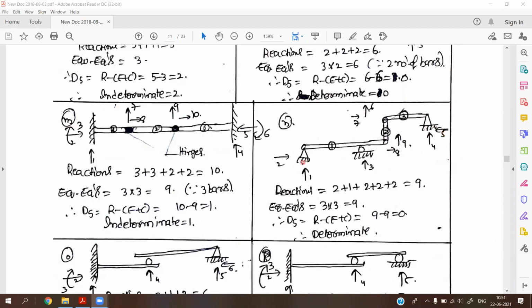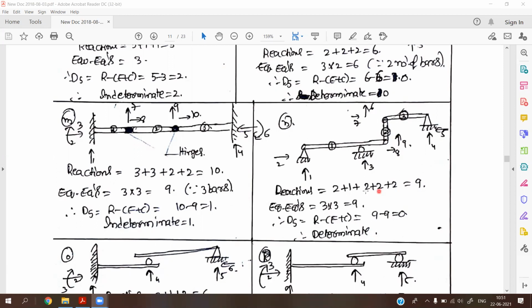So 2 plus 2 plus 1, in total we have five reactions up to this point. But we also have two hinges at the points I am mentioning. In each hinge we have two reactions, so additionally we get four more reactions.